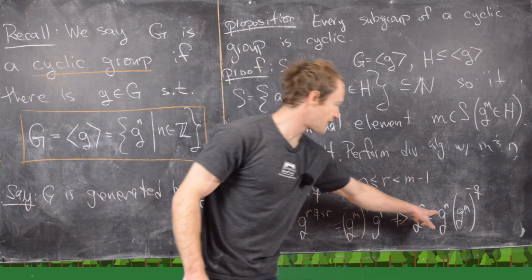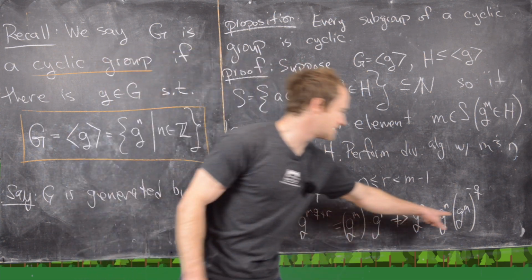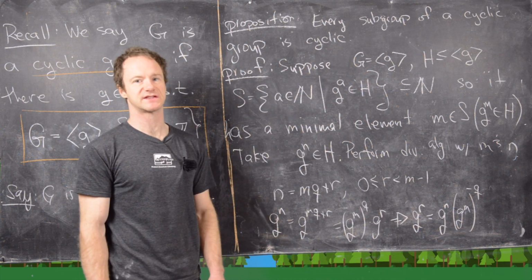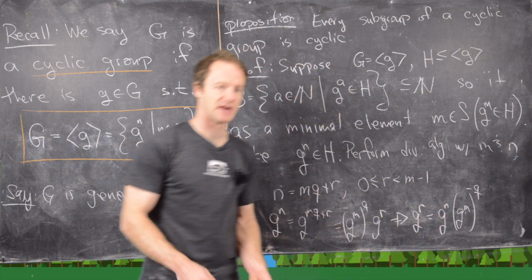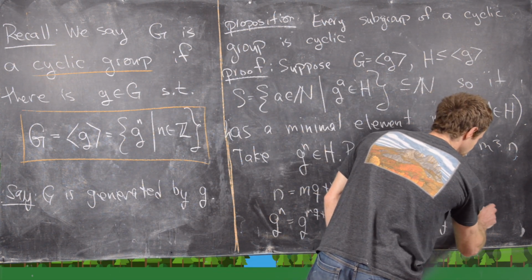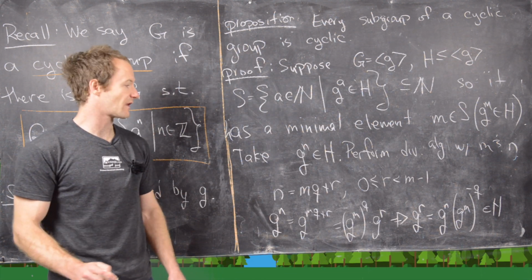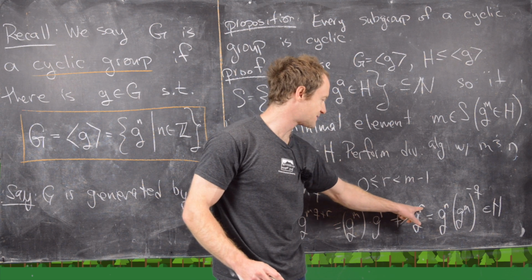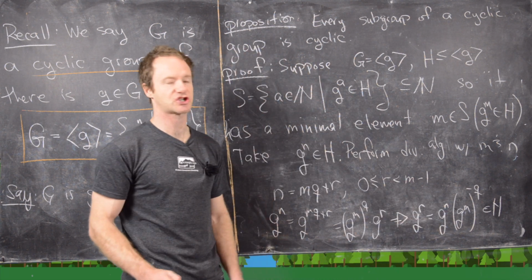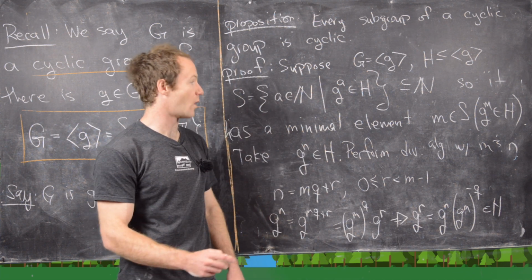Great. But now let's recall that g to the n was in the subgroup and g to the m was also in the subgroup, but that makes this combination in the subgroup. So in other words, this is in the subgroup H. But let's look at this. We have g to this power r is in H, but r is between 0 and m minus 1.